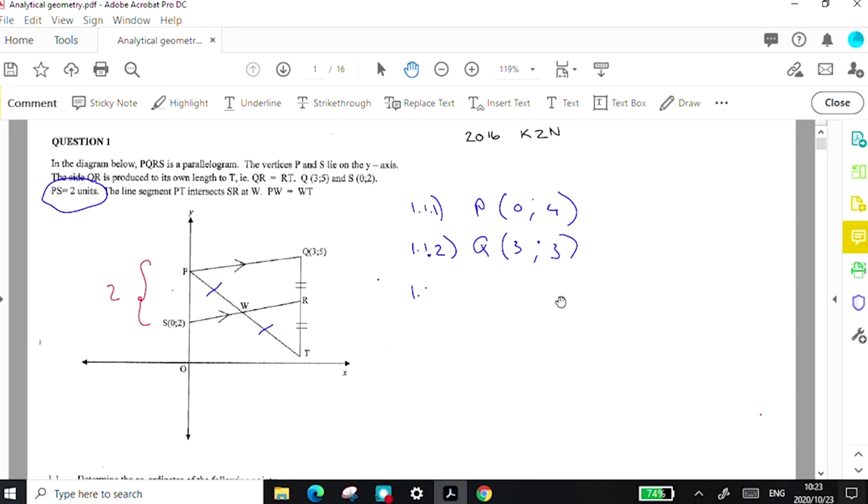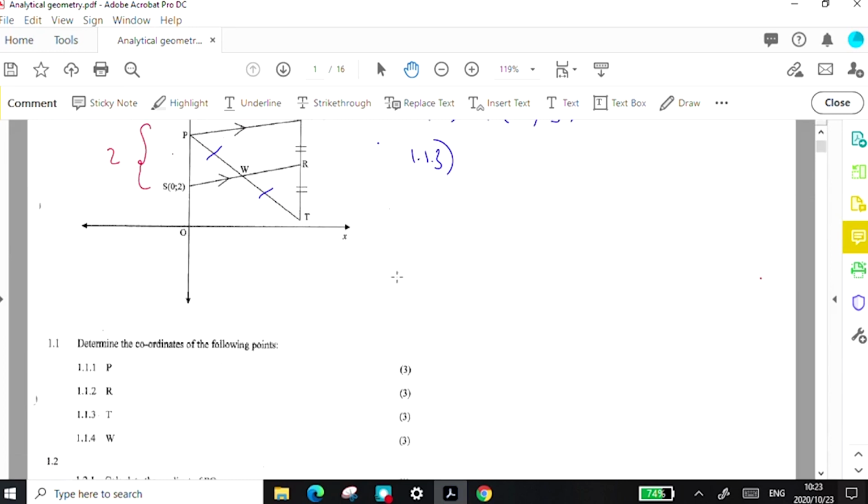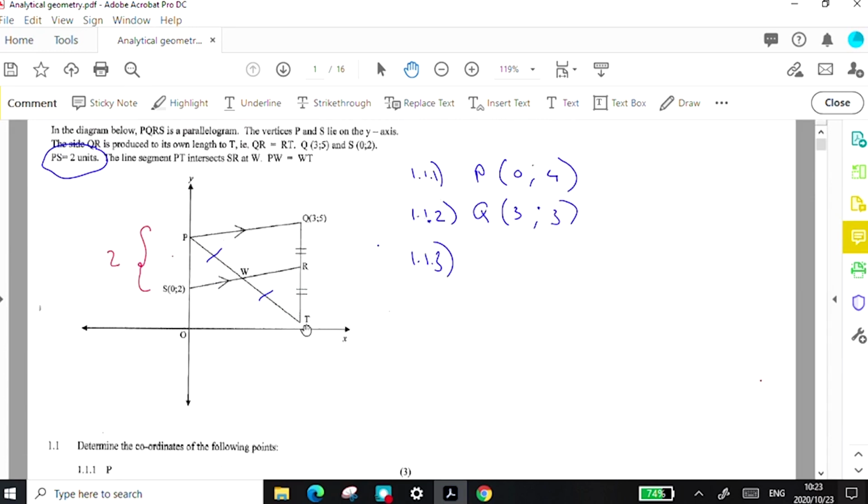And for 1.1.3, we are required to find T. That is the coordinates of T. Again, since this line QT is parallel to PO, the x value of T should be exactly the same as the x value of R, which is the same as the x value of Q. So the x value of T should also be 3.